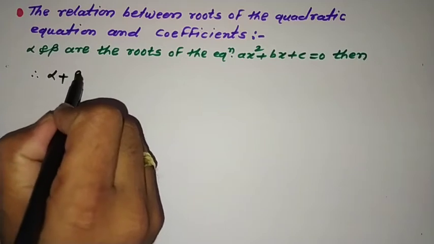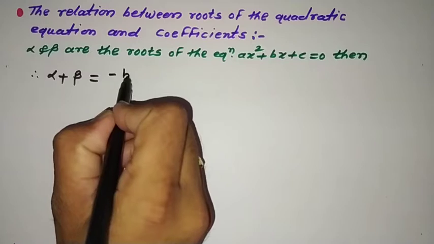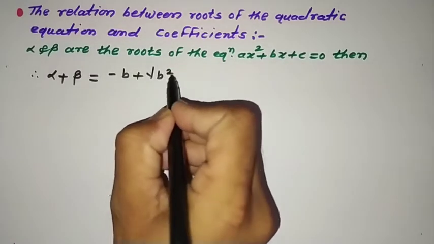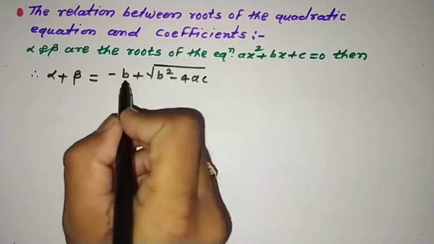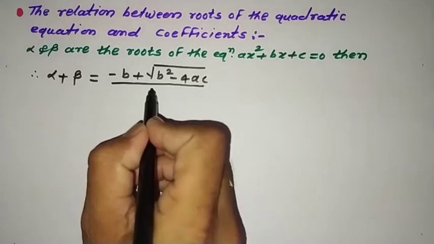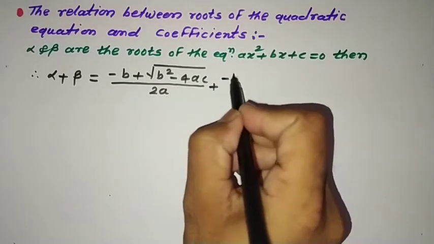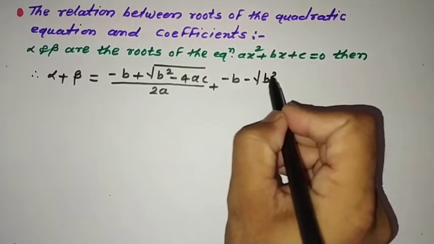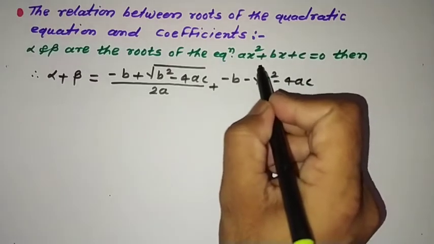alpha plus beta is equal to alpha, which is minus b plus square root of b square minus 4ac upon 2a, plus beta, which is minus b minus square root of b square minus 4ac.